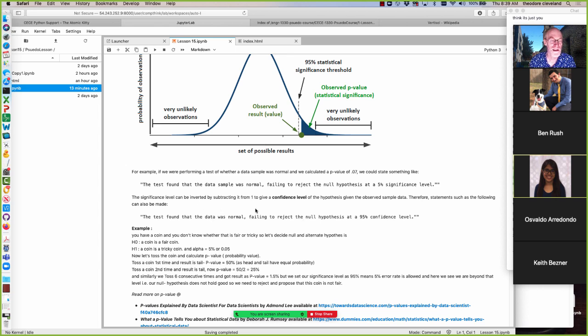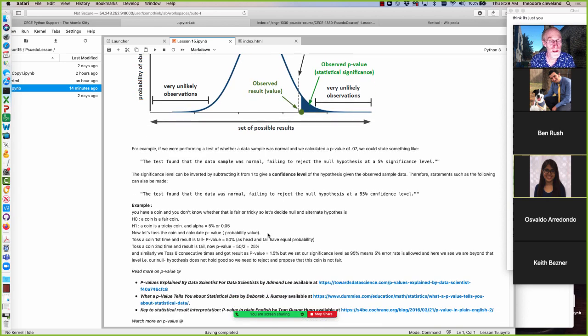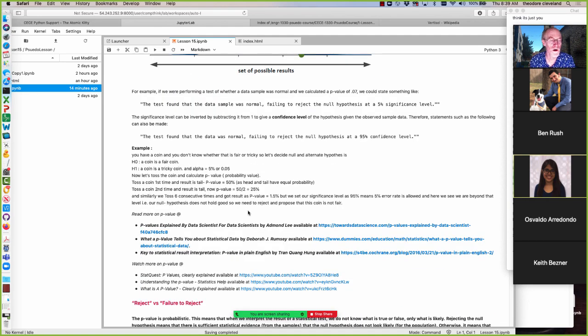And the significance level can be inverted by subtracting it from the value 1, and that produces terminology called a confidence level. So the significance level and confidence level are the ones complement of each other. So a statement such as, we found the test data was normal, we failed to reject the null hypothesis with 95% confidence interval.